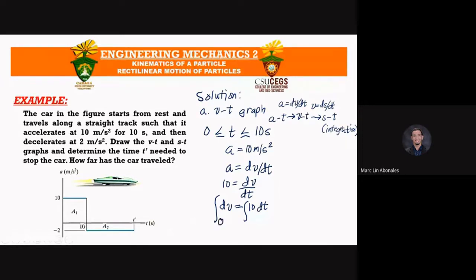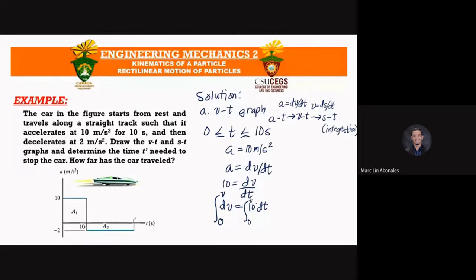Then the upper limit is the variable v. And for the right side, ang iyang initial time is also 0 kay starts from rest man gihapon. So 0 gihapon ang iyahang t, and the upper limit is the variable t nato.